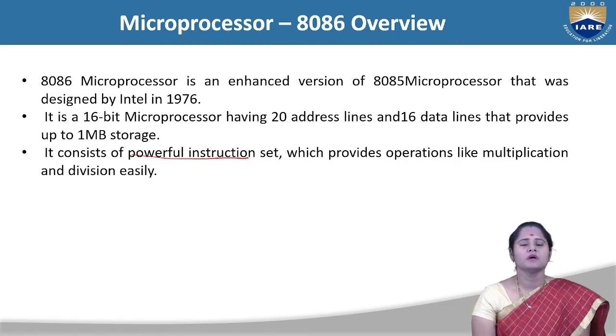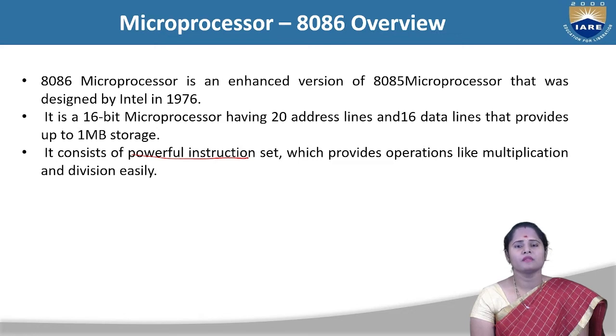How are those arithmetic and logical operations executed? By giving some instructions. When we give instructions to the microprocessor, according to the instruction we have given, that will be executed. It may be an addition operation, a subtraction or multiplication, or any logical operation.